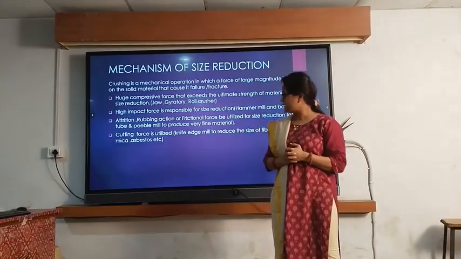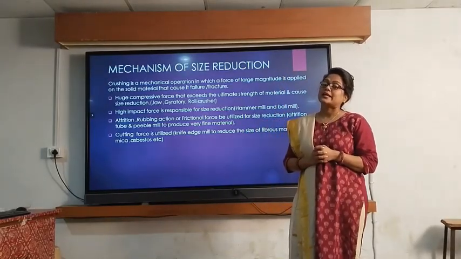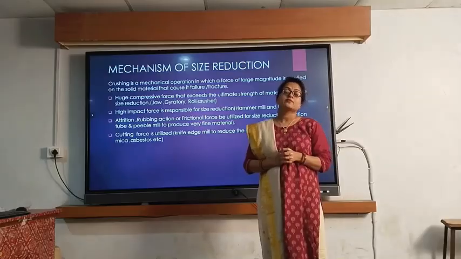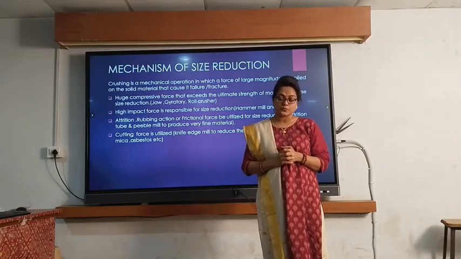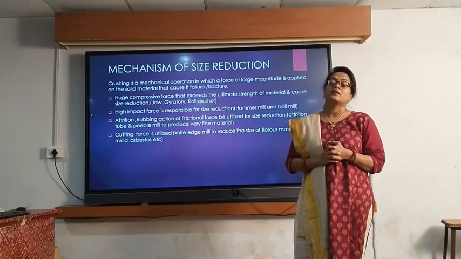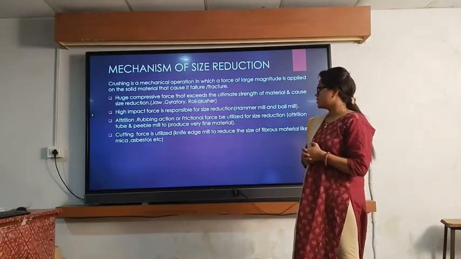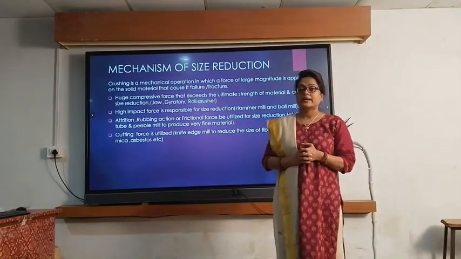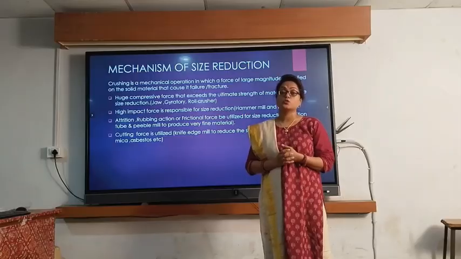The last mechanism, the cutting force, is generally used to reduce the size of fibrous materials like asbestos or mica.